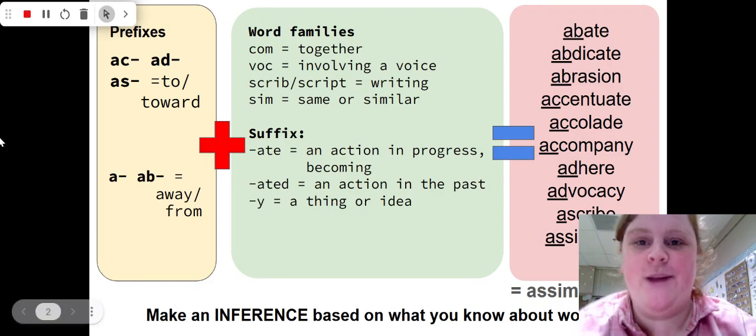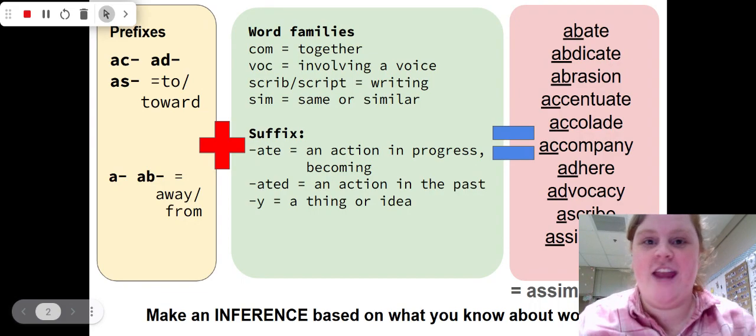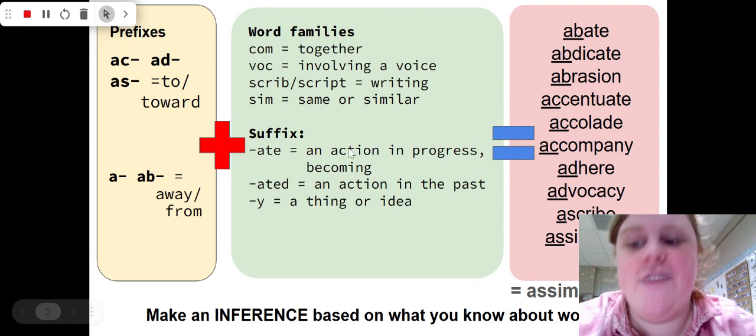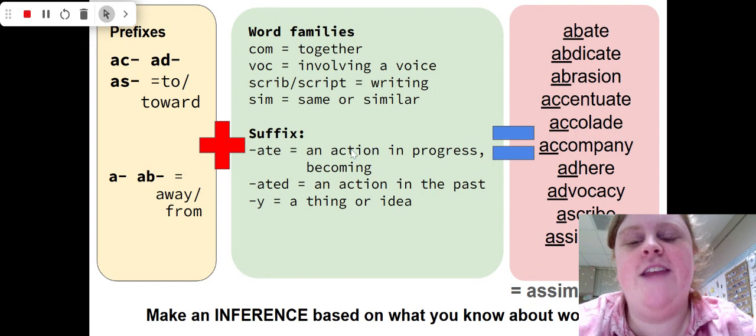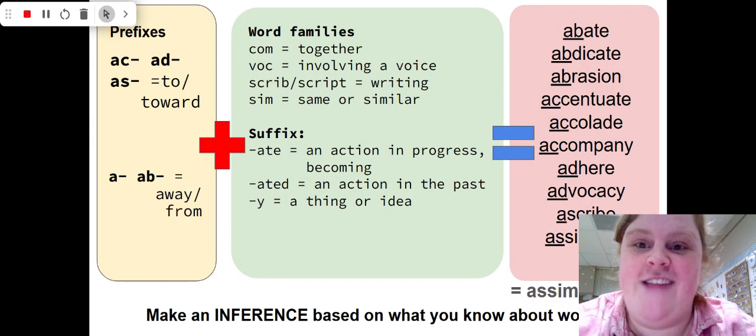But we add a prefix to a word family, and that'll change what that word family means. And then suffixes, we add the suffix to the end of a word family, and we're always looking at suffixes. So prefixes will change every week. The suffixes we're going to see a lot, and then word families will get more specific in the future.